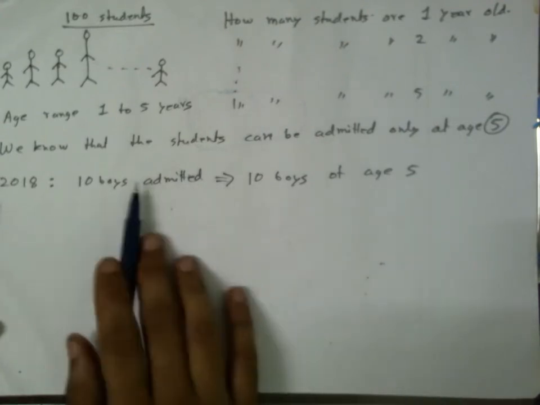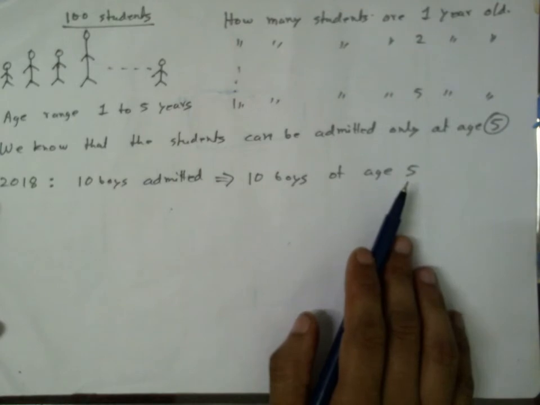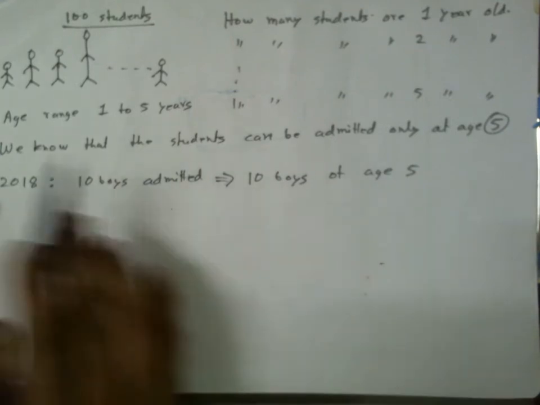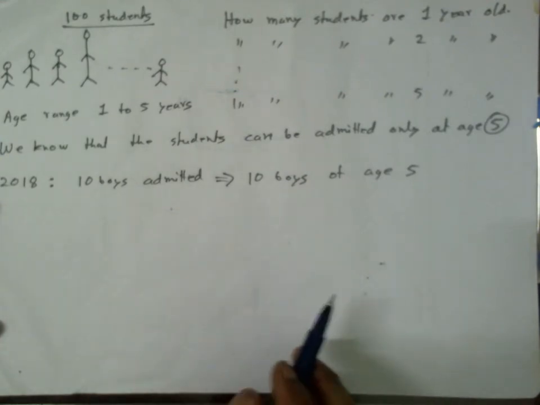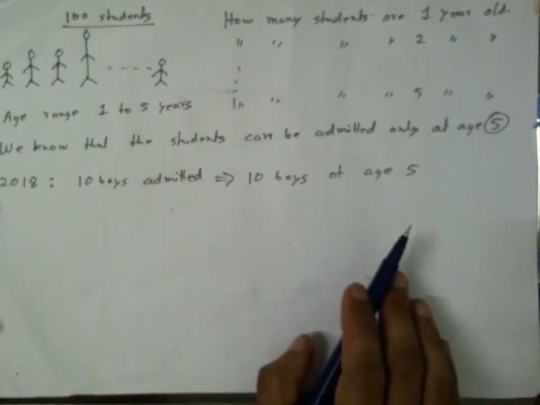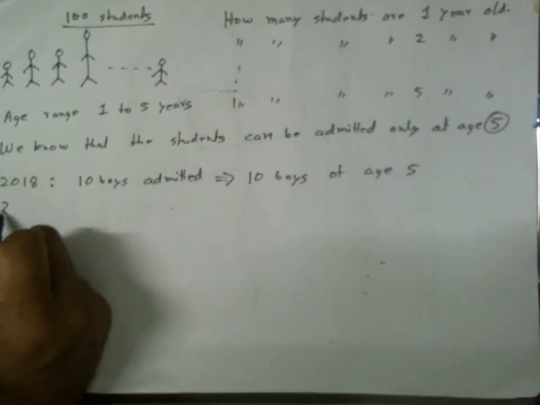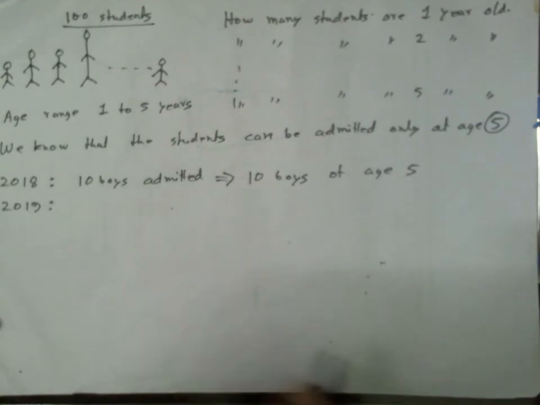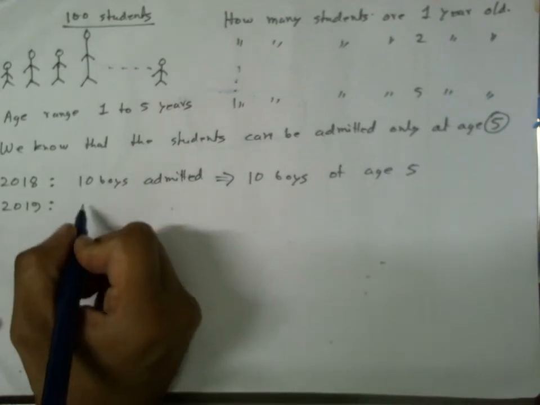So I can find the boys who are of the specific age of 5 years, but I cannot distinguish between the boys who are at age 2 years or 3 years or 1 year, because none of them get admission in school. So what is the solution? The solution is nothing but to wait up to 2019, when some more boys will get admitted, say 20 boys.